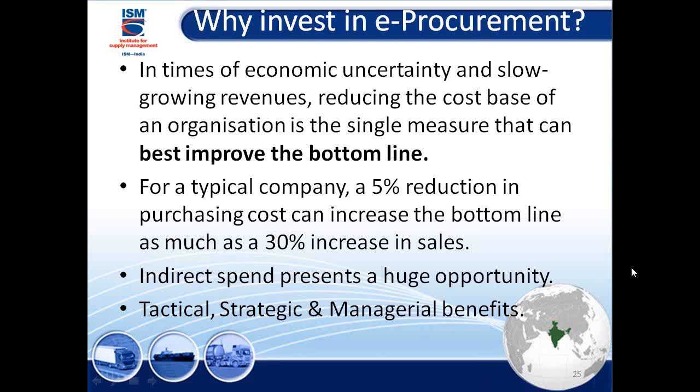In all companies, one is direct spend, which goes directly into the business, and the second is indirect spend, like travel. Many things fall under indirect spend, and we can control those as well. Otherwise, in a company with 20 branches, everybody is doing indirect spending and you have no control over it. But the moment you have e-procurement, you are able to control the whole expense.